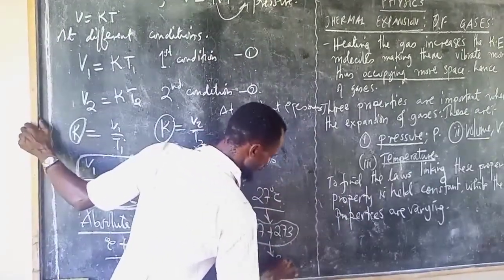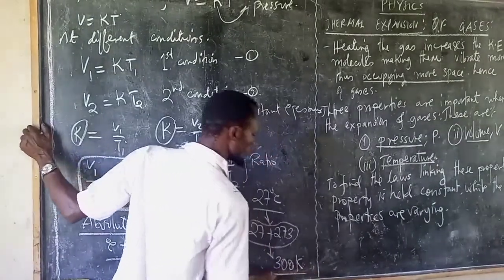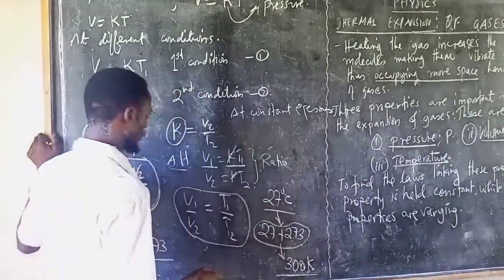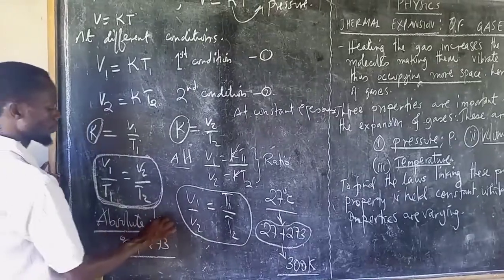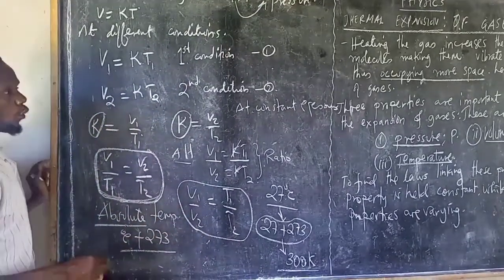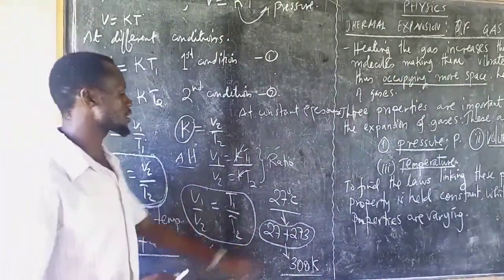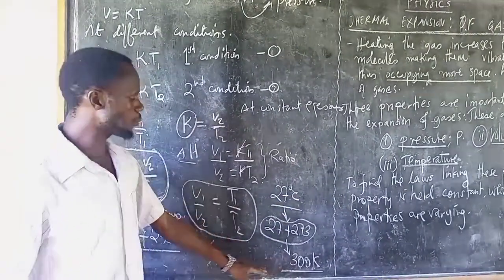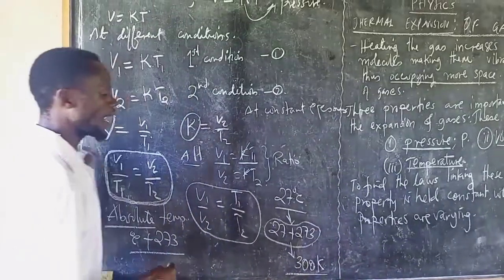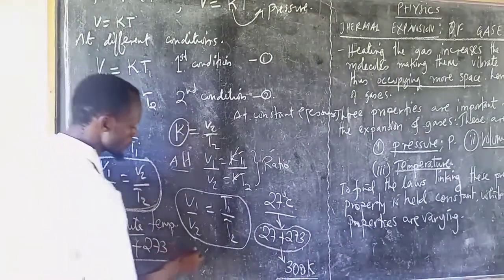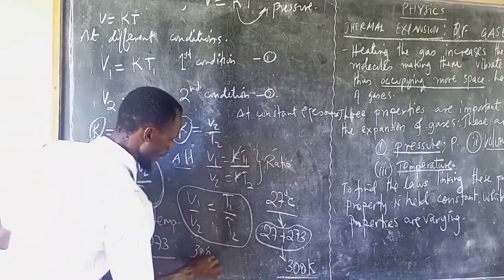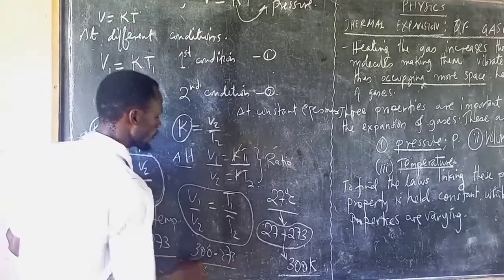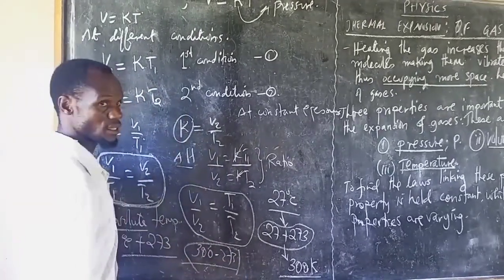Now this is 300 Kelvin. This is the one we use and not degrees Celsius, because we're talking about absolute temperature. But once you are given Kelvin and you need degrees Celsius, you take that 300 minus 273 to obtain degrees Celsius.